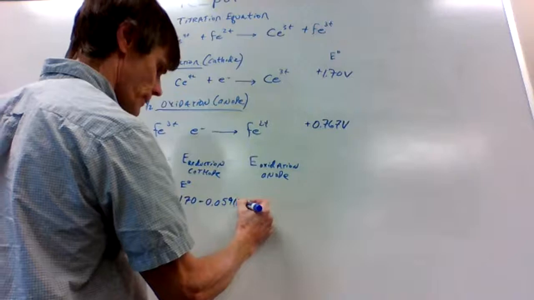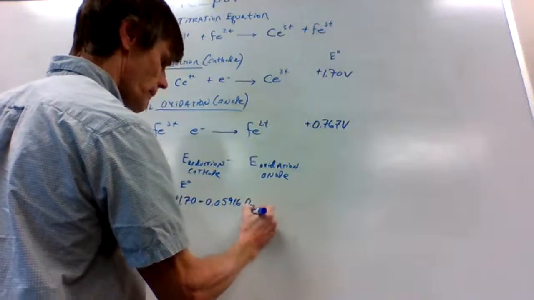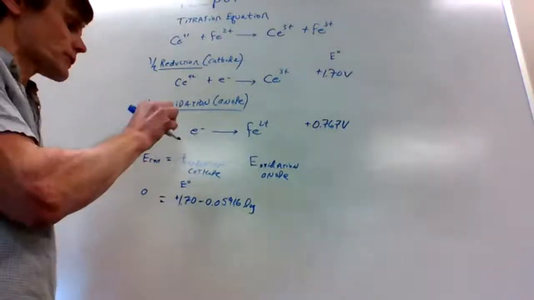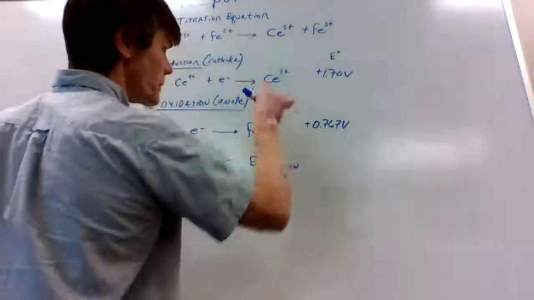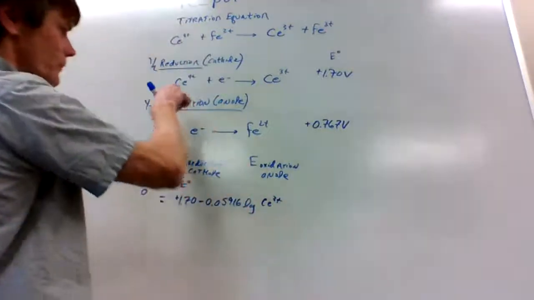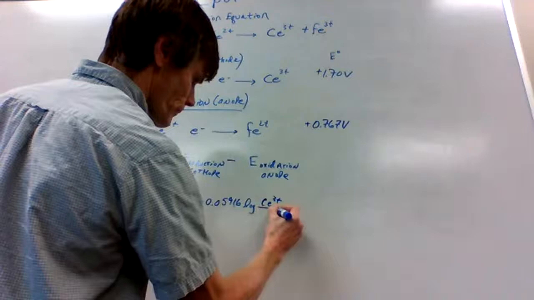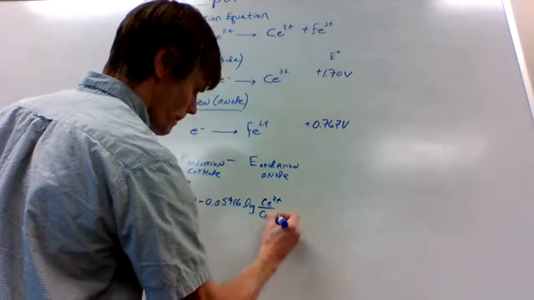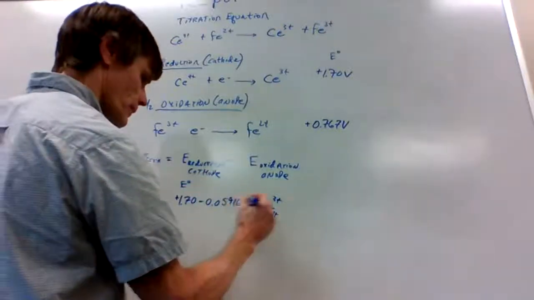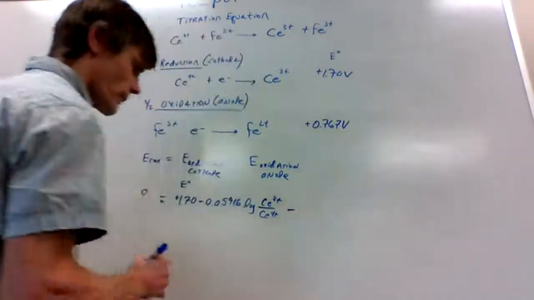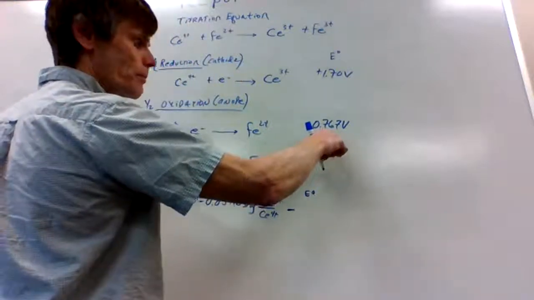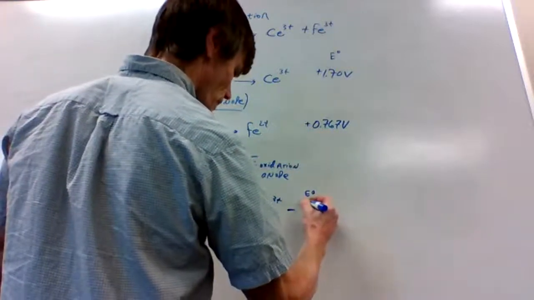It just makes it sloppier. Times the log. And remember, right now, let's just write down it's going to be the log of the concentration of ceric-3, divided by the concentration of ceric-4, minus the E for the anode. The E for the anode accounts for the E naught, positive 0.767.